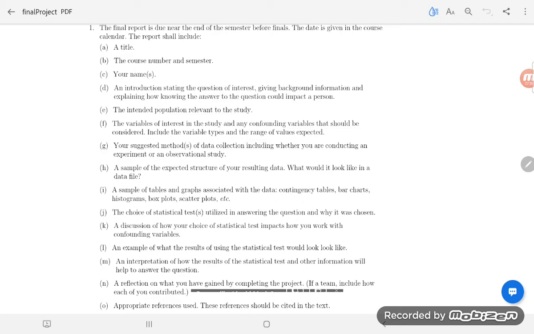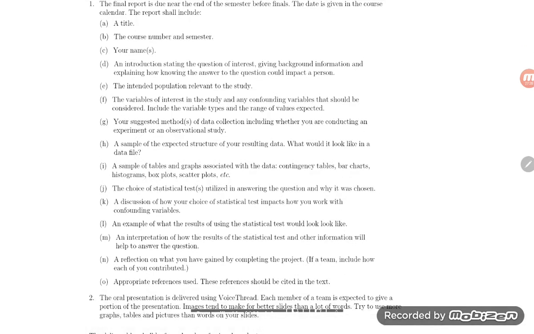Okay, so we're at H, example structure, then I, a sample of tables and graphs. So they did that. J, tests, why was it chosen? And they had all categorical data, so they were really stuck with the chi-square.